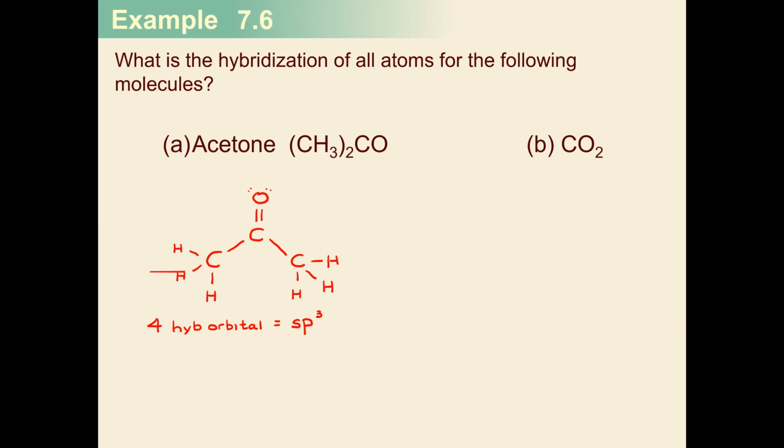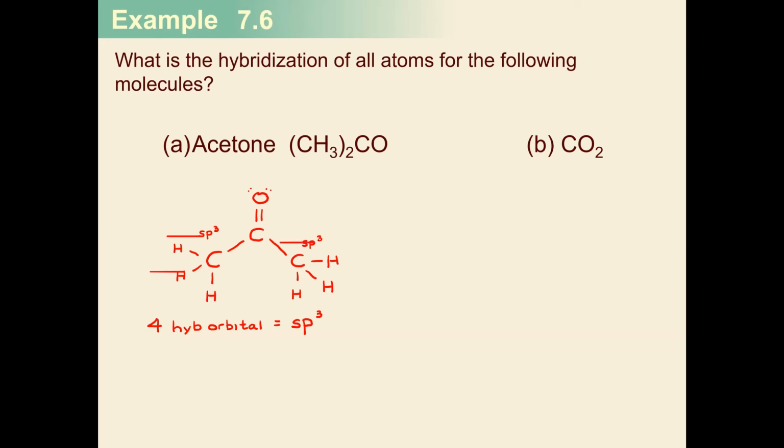So the nice part about it is that our left carbon is going to be sp3, and so will the right carbon because it is structurally equivalent. So these 2 species here are both sp3.